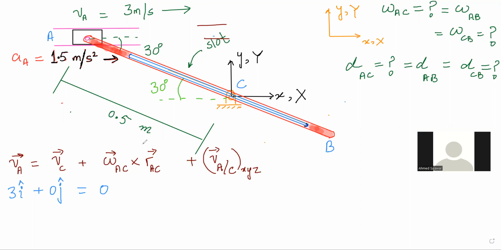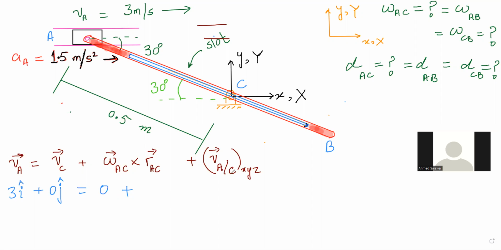So VC equal to 0, and then I have plus, what is the value of omega C? I have no idea. But when the piston is going towards the right, then this whole rod is going clockwise. That's my intuitive feel.